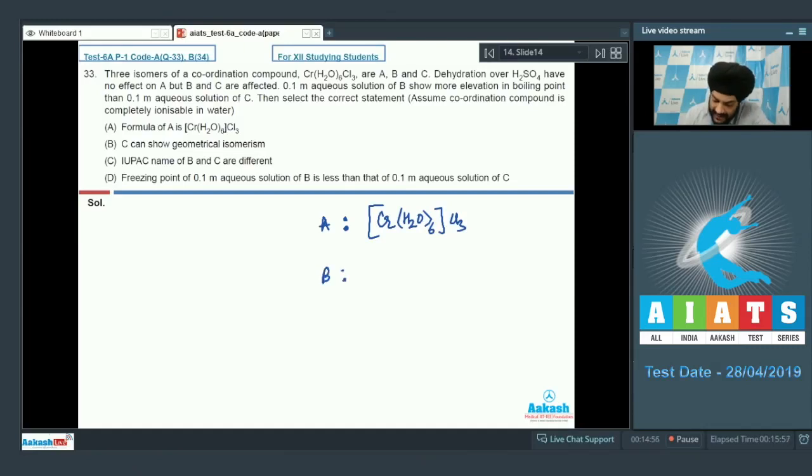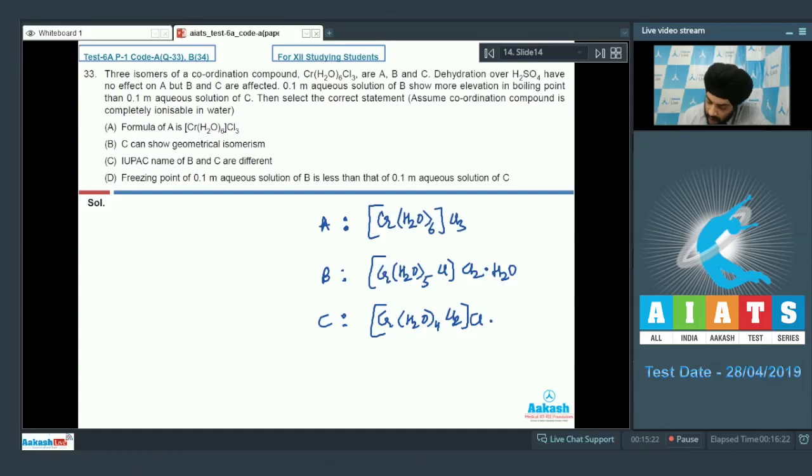So we can confidently say that the complex B is going to have this formula, whereas the complex C is going to be this, with the water molecules being present as the water of hydration. So the compound B will contain one water molecule while this second compound will contain two water molecules.